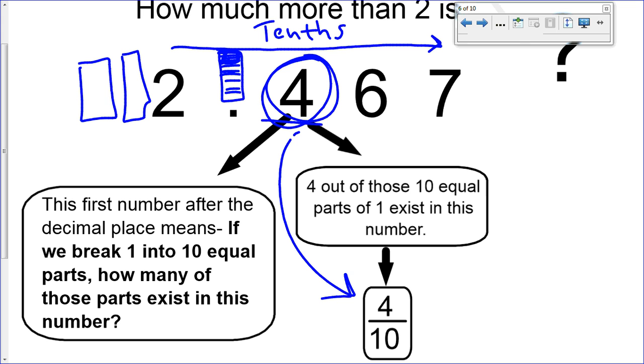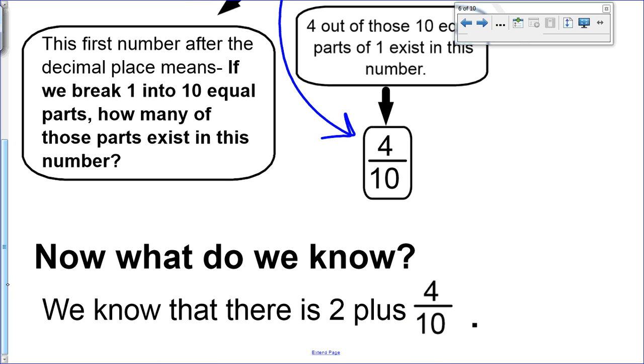There's no difference. So now, what do we know? We know that there is 2 at least, and since we've looked at the 4 and now we know that it's in the tenths place, that means that 4 means literally 4/10 of a whole number, so 4/10 of a 1, basically. We know that at least our number is 2 plus 4/10.